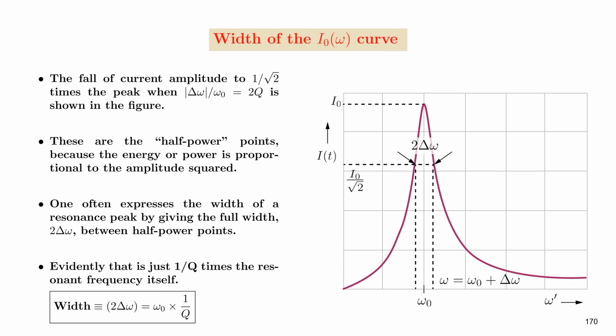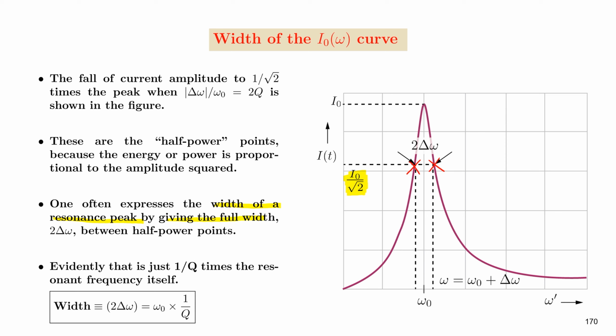Now the fall of current amplitude to 1 by square root of 2 times is shown in this figure when delta omega by omega 0 is equal to 1 by 2Q. These 2 points, that is this point and this point, because the energy or power is proportional to the amplitude squared.